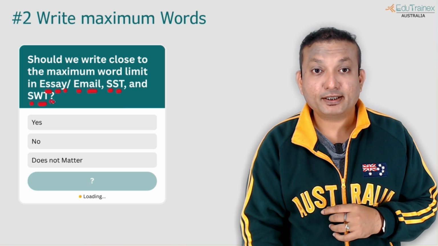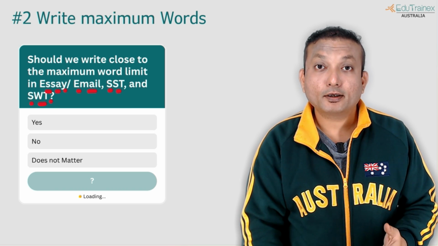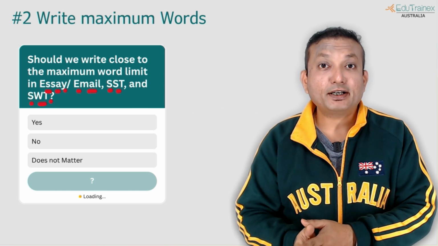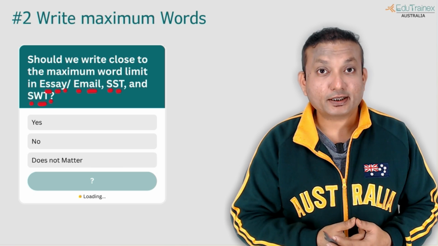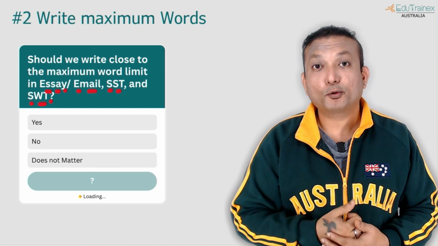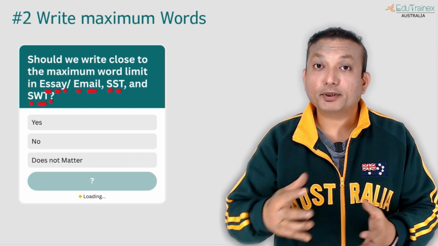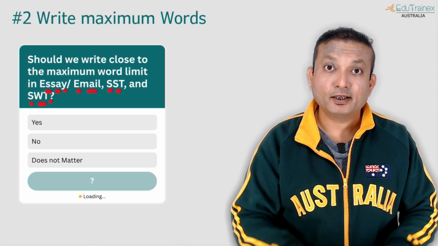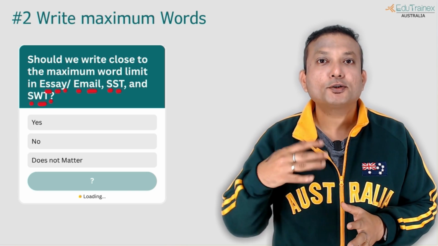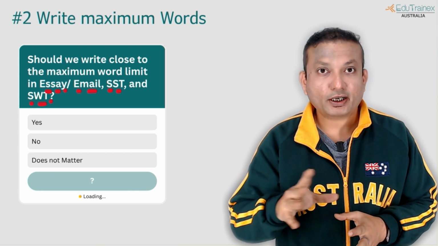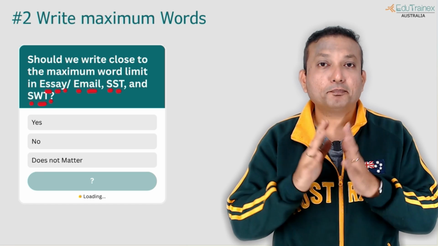Same thing in summarized written text. The word count is 5 to 75, so you have to try to be close to 70 to utilize and gain more points for content so that you can cover more content. Same thing with essays, 200 to 300 words. So you always have to try to be above 280 by default.